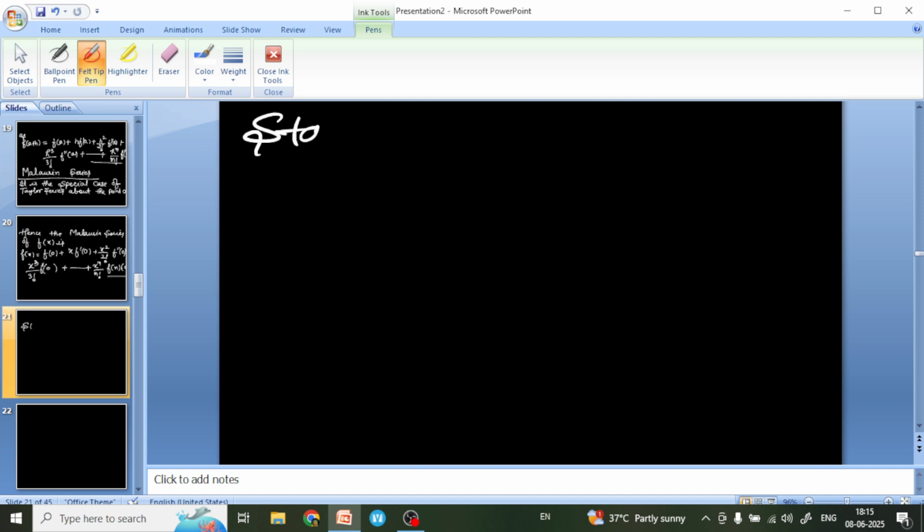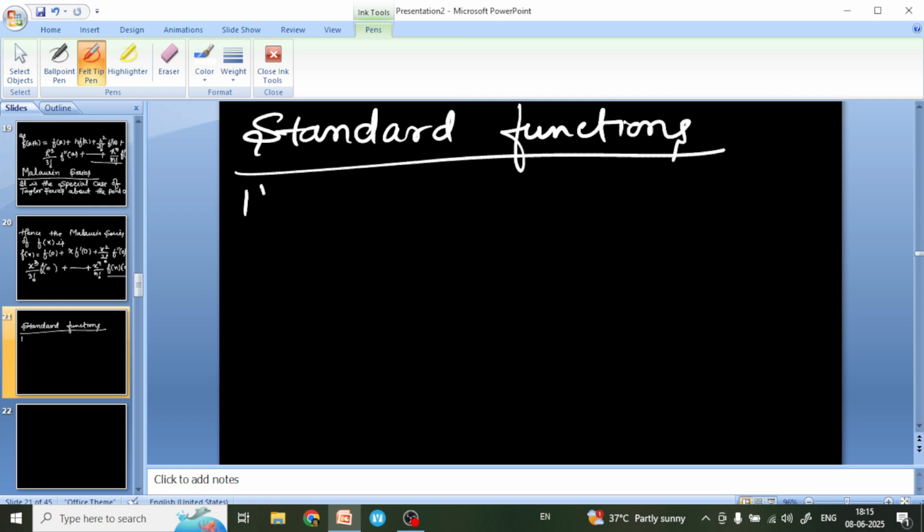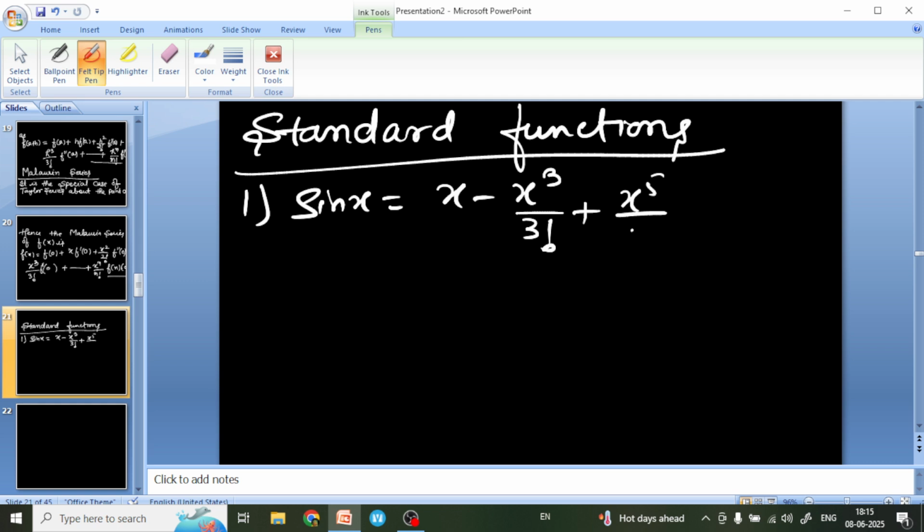And there are some standard functions which are given in Maclaurin series. Standard functions, you should keep in mind these functions. First function is sin x, that should be equal to x minus x cube over 3 factorial plus x raised to power 5 over 5 factorial minus x raised to power 7 over 7 factorial.